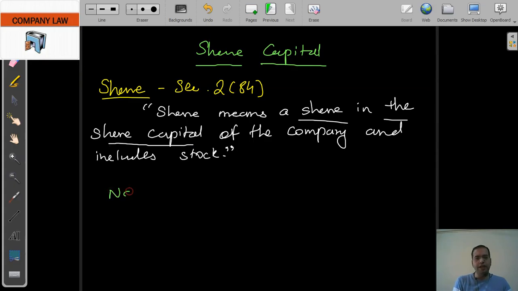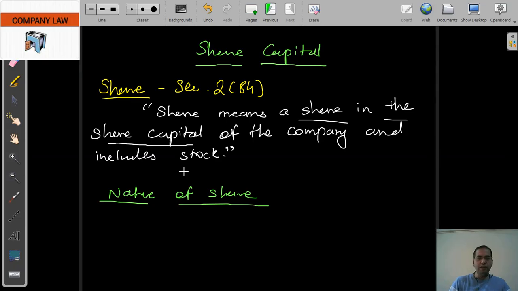So we can say the nature of share. We can have different pointers over here. Basically, what is share? Share is a kind of right to a specified amount of the share capital of a company. So it carries with it certain rights and liabilities while the company is a going concern and when the company is going for winding up.